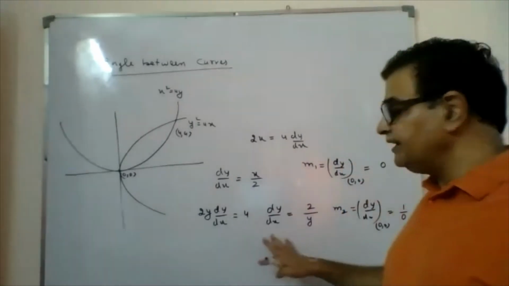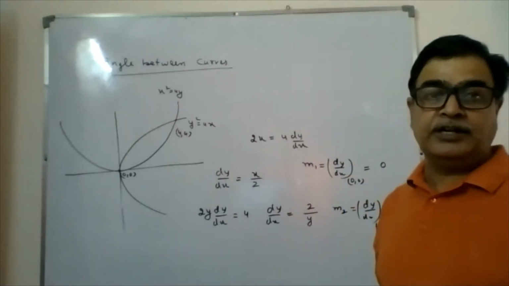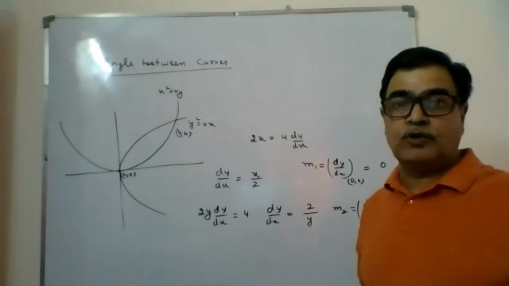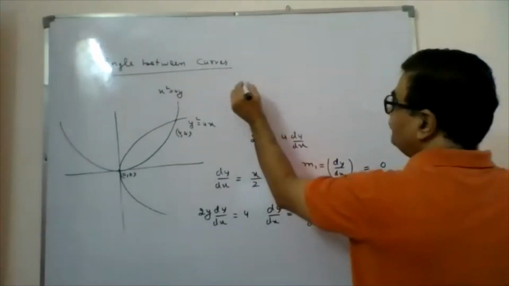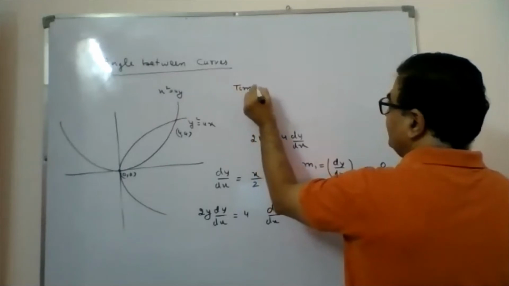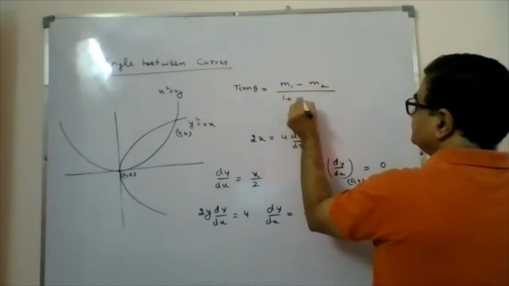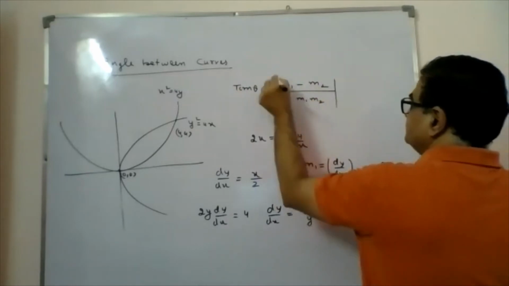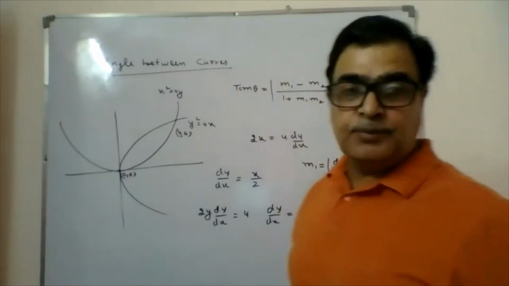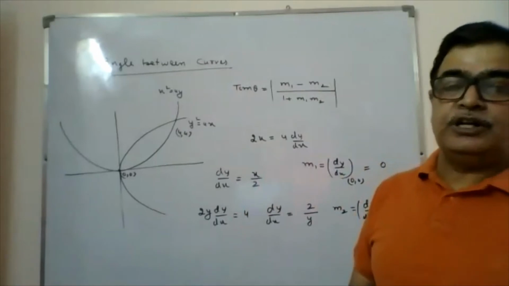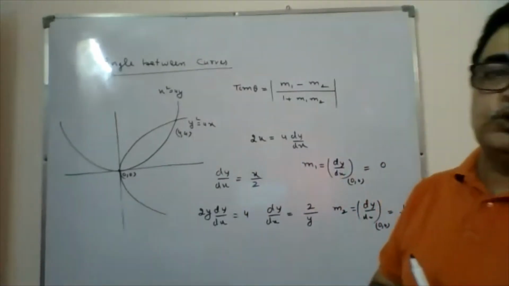As this is infinity, we can't use the formula tan theta equals (m1 minus m2) over (1 plus m1 m2). This formula we use only when slopes are finite. But as one slope is coming 0, another is coming infinity, what should be the angle? Can you tell?